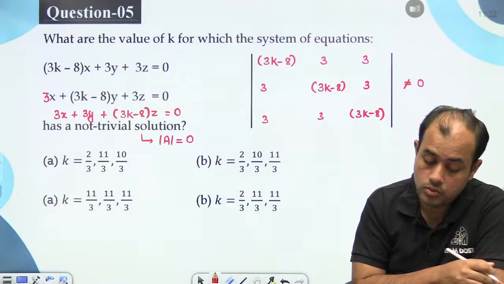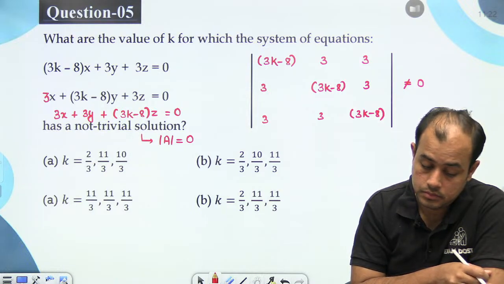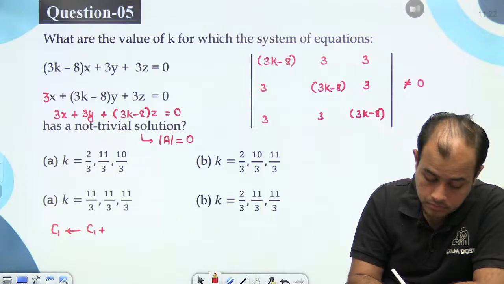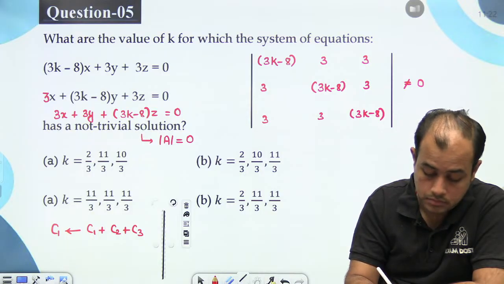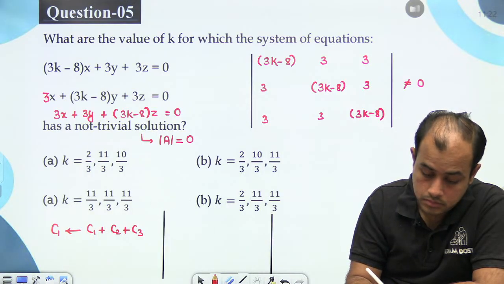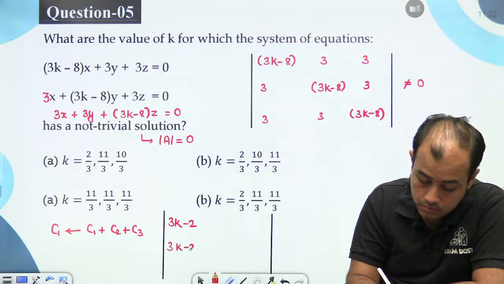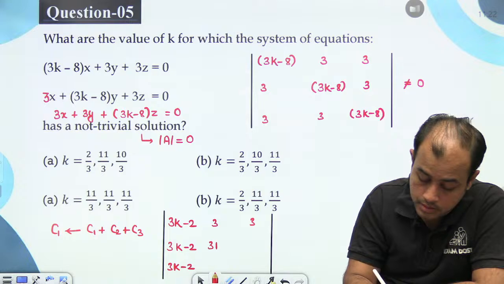Now what we can do? So I have added all the columns.